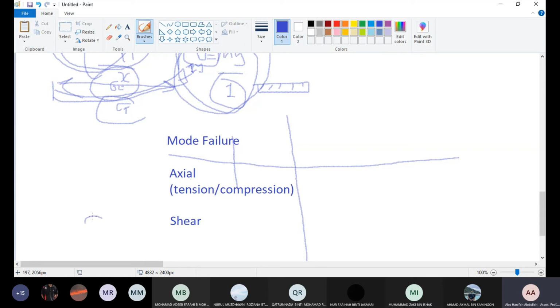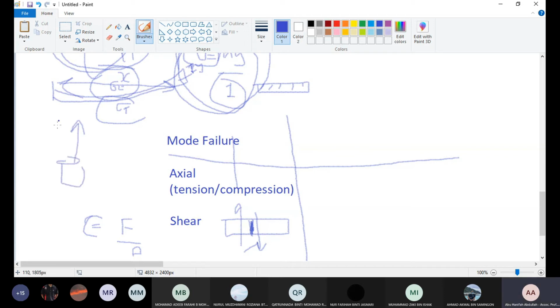Shear is tau equal to force divided by area, but this area is parallel to the force. So we have a beam here and we try to cut the beam. This is shear failure. So the area is the cross-sectional area parallel to the force. That is the difference compared to the tension.